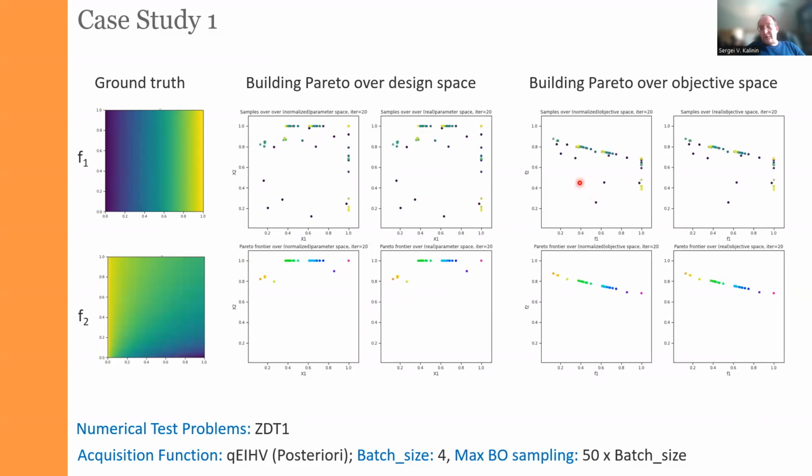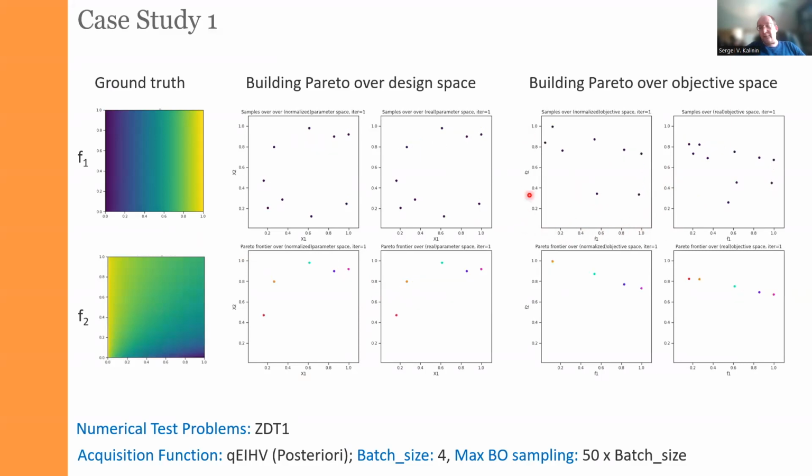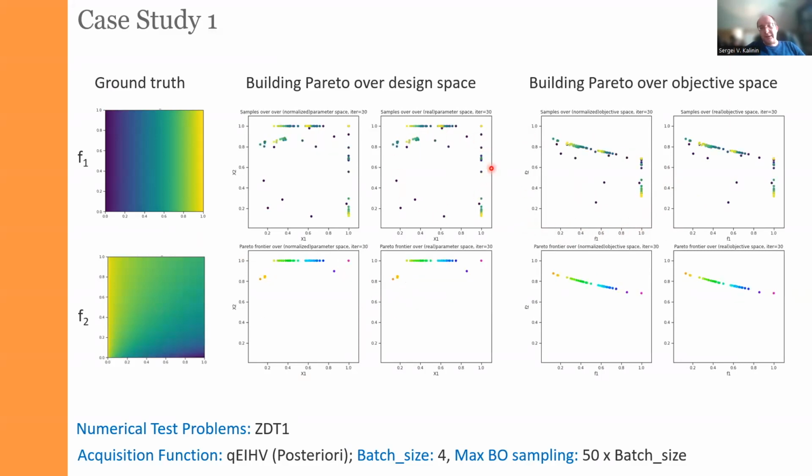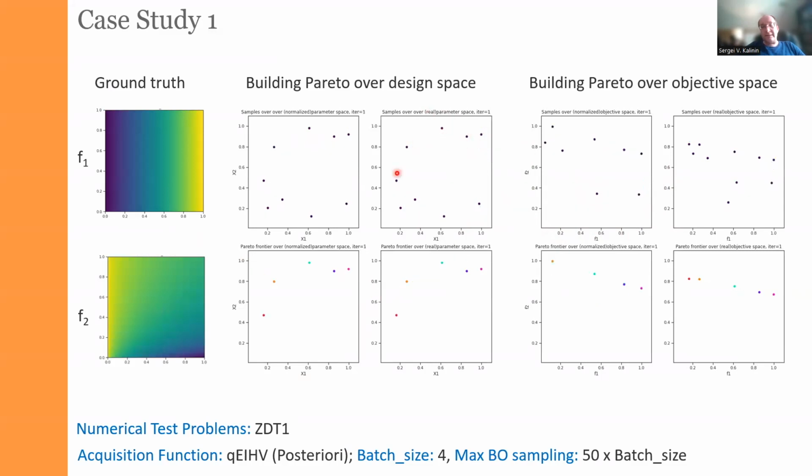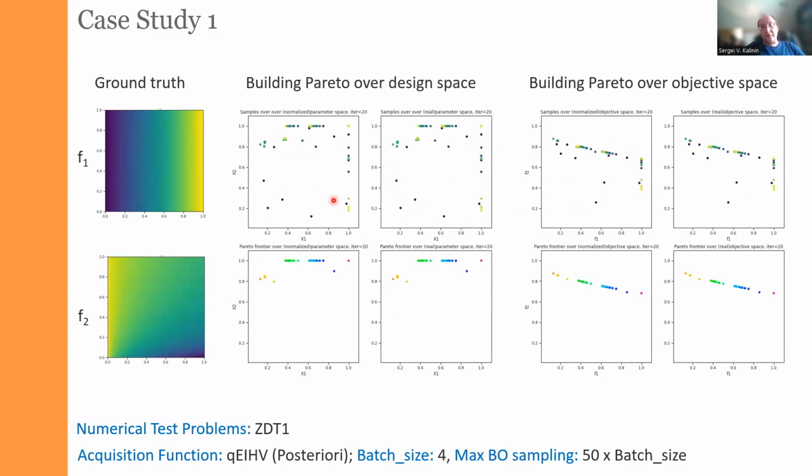Or you can illustrate it in the objective space, where the coordinates are the maximum values of f1 and f2. When we do it in the design space, you see how the algorithm navigates it. You see the initial seed points, and then it starts to progress and explore the parameter space for the different acquisition functions. And this is the end result. This is how our algorithm maps the Pareto frontier and tells us that this is the line across which we can find the optimal functionality.